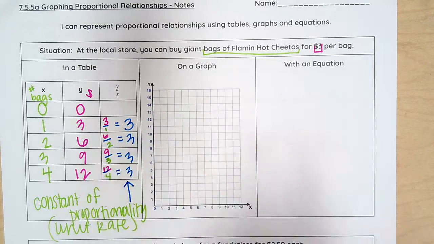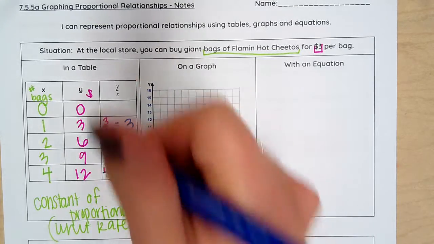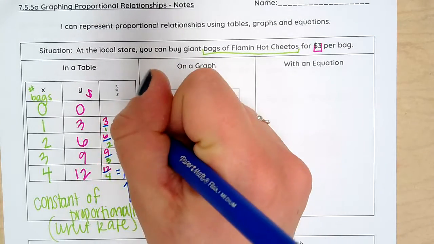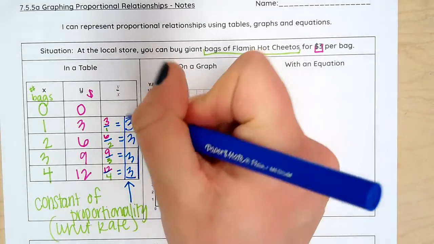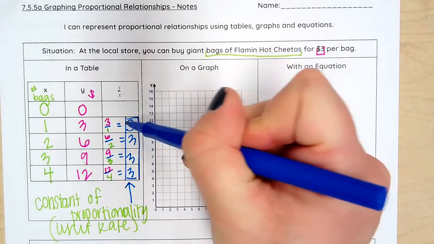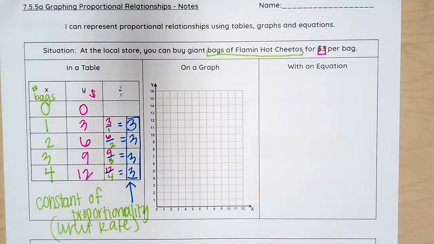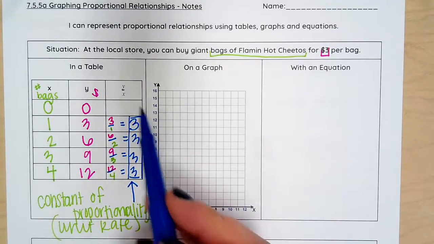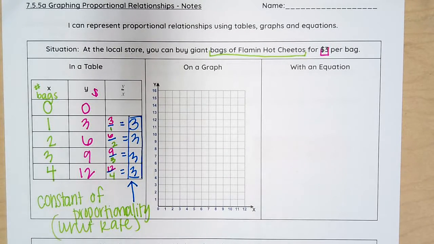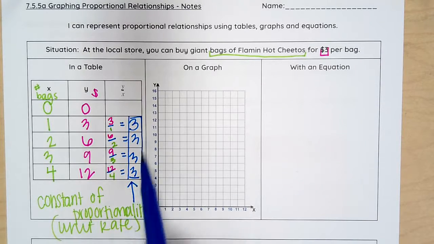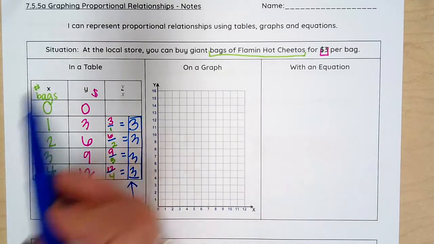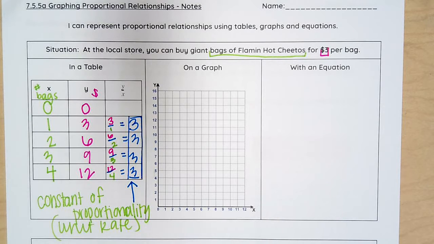That 3 is your constant of proportionality. It's the same for every single one of these, so it is proportional. If we have the same constant of proportionality, then it is proportional. Okay, so this is how a table will look for proportional relationships.